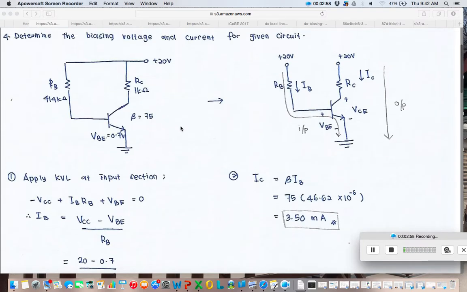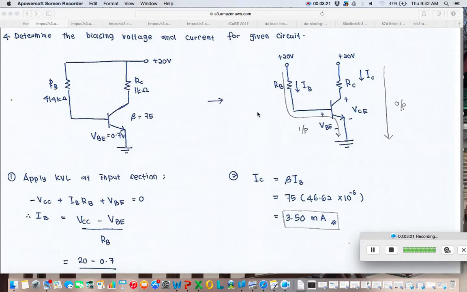Again, I would like to remind you that the plus VCC here, or plus 20 volts in this example, is connected to RC as well as to RB. But RB and RC are not joined together. They are separate, you must split it.